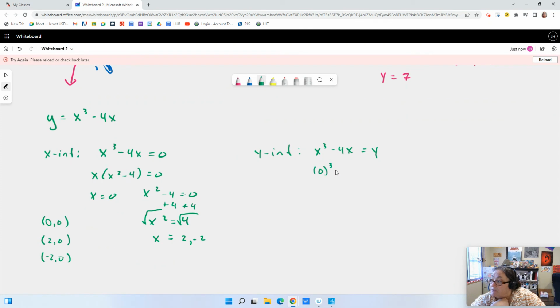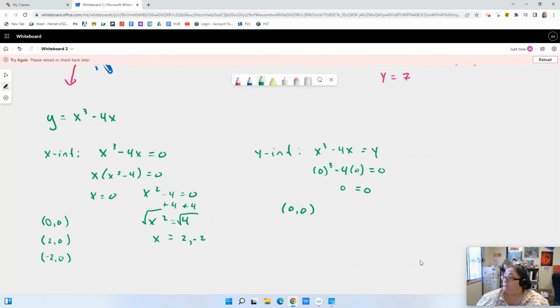So we have 0 cubed minus 4 times 0 equals y. But 0 cubed is 0, and minus 4 times 0 is 0, so I get 0 equals y. So my y-intercept is at 0, 0. So you see how I said we already had our y-intercept? Does that make sense as to why we already had it? Because we already had this y value as 0.